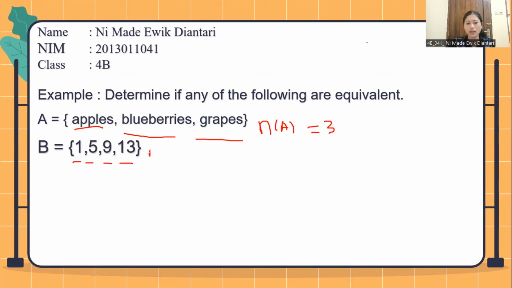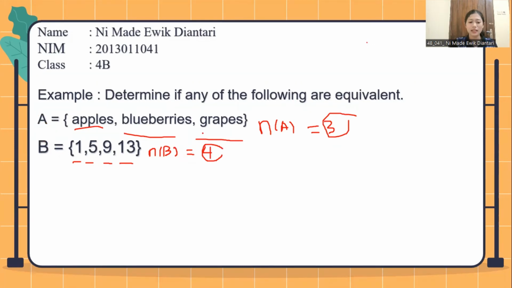So the cardinal number of set B is equal to 4. Since 3 does not equal 4, A and B are not equivalent sets.